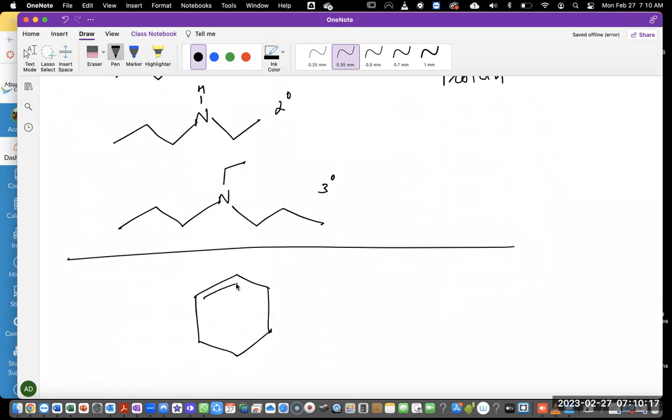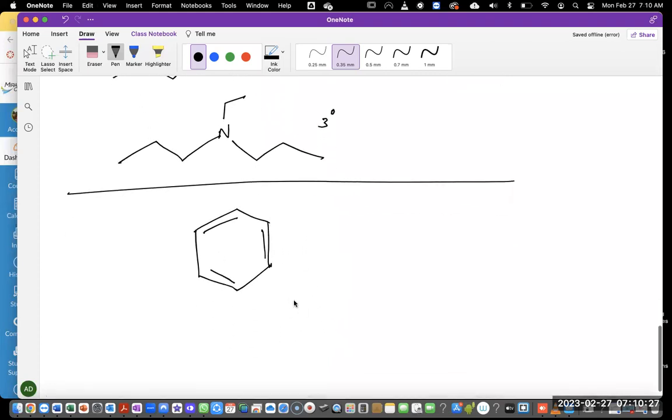If I have a double bond on it, not just 1, not just 2, but 3 alternating double bonds on a cyclohexane, then what you make is a special molecule called benzene, a very important organic molecule, a typical organic molecule, very non-polar. This guy is called benzene.